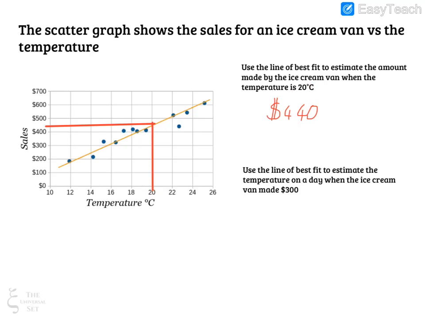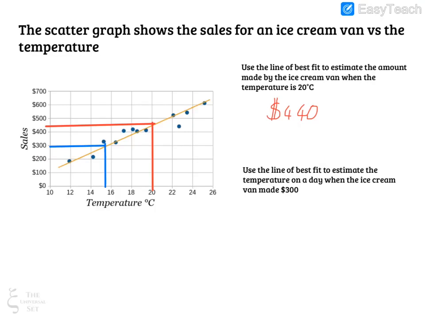The next question then says use the line of best fit to estimate the temperature on a day when the ice cream van made $300. So the bit of information we know, $300 is the sales they made, so that's that bit here. So I'm going to have to go across from that bit. $300, we read across the way until we get to the line of best fit, and then we come straight down there.